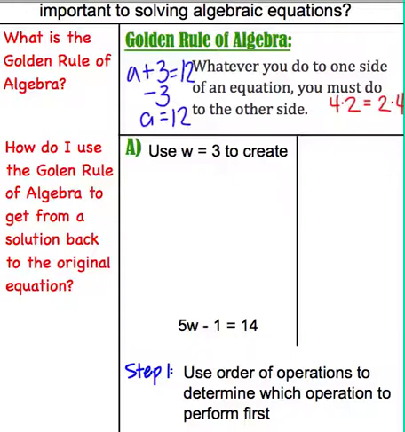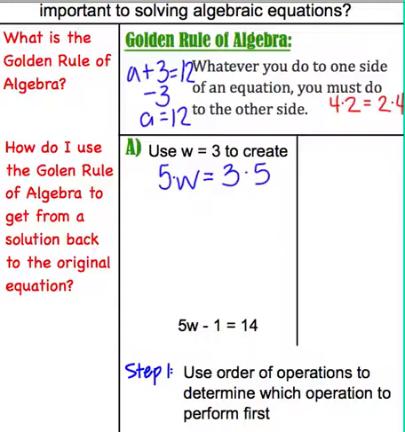Using order of operations, I know that multiplication and division come before addition and subtraction. Because I know that, what I am going to do first is take my w equals 3 and multiply by 5 on both sides. I'm going to write on the other side of my column that I'm multiplying by 5 on both sides.